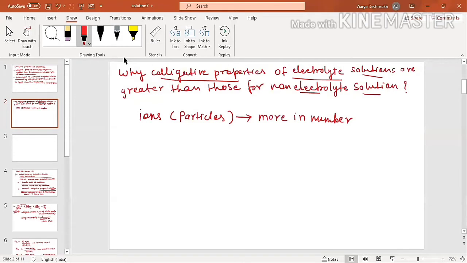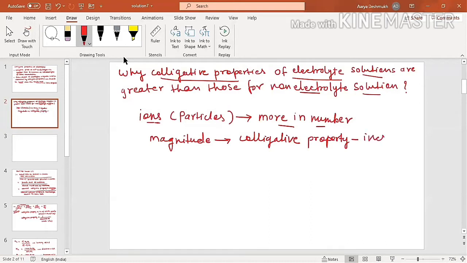This increases the magnitude of the colligative property, because the number of ions formed after dissolving the electrolyte solute is greater, and that increases the colligative property.